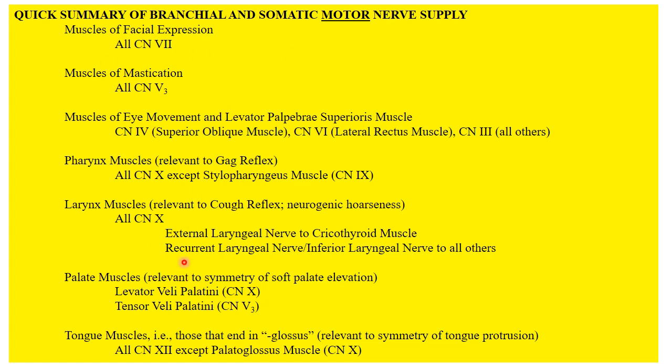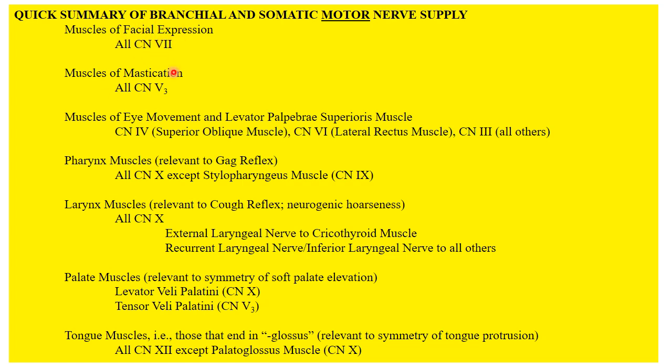So this slide right here to start with, we'll talk about branchial and somatic motor nerve supply to the head. So branchial and somatic, I'm combining them both in the same slide. Okay, so we're talking about muscles and their motor supply. Muscles of facial expression, cranial nerve 7, without exception.